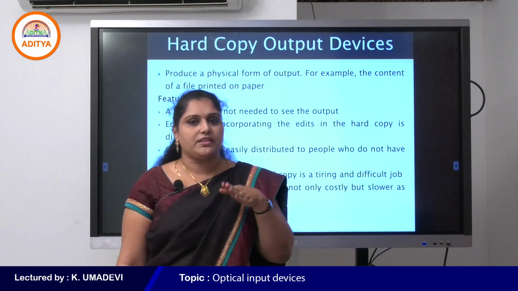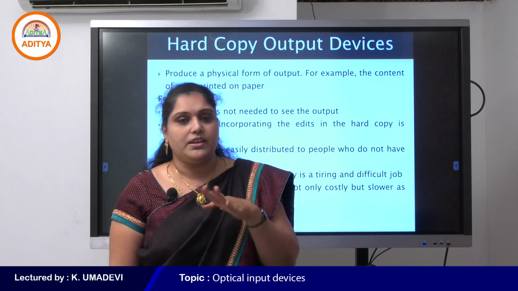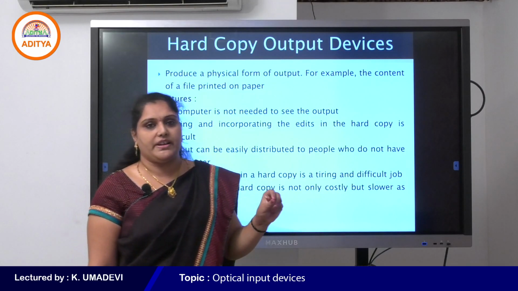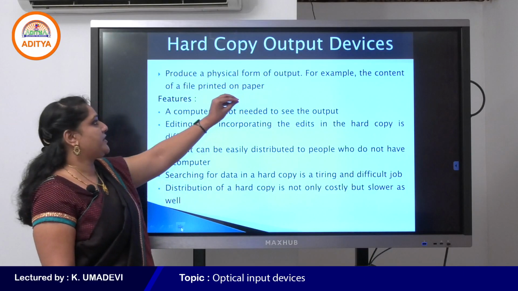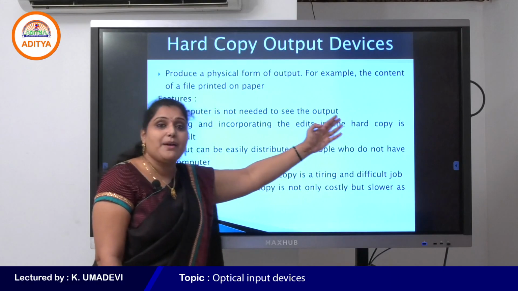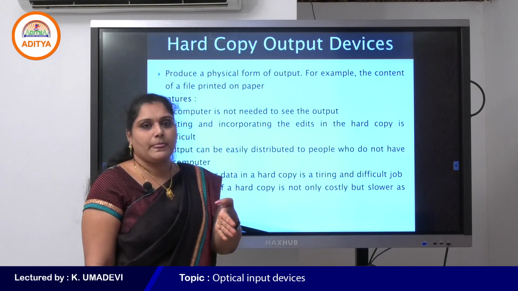Output is nothing but the information which is displayed on the screen being printed by using one of the output devices. So that's why a hard copy output device produces a physical form of output. For example, the content of a file printed on paper.